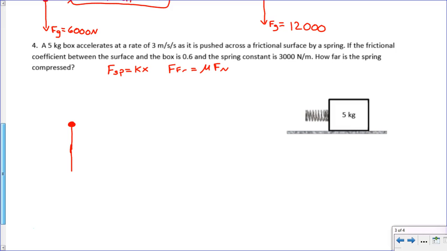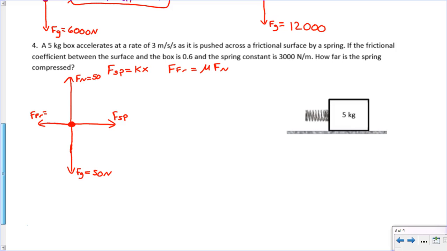So on this object we have Fg going down, Fn going up, a spring force, Fsp, going to the right, and a friction force, Ffr, going to the left. Some things we know here: it's 5 kilograms, so the gravitational force is 50 newtons. It's not accelerating in the vertical direction, so the normal force is also 50.